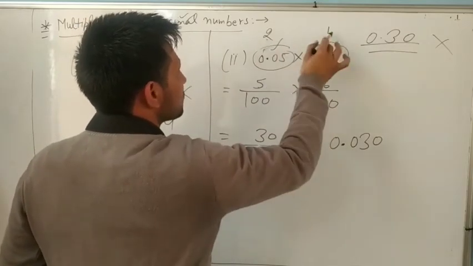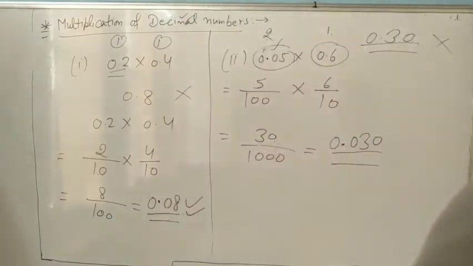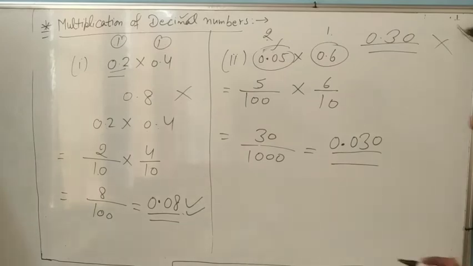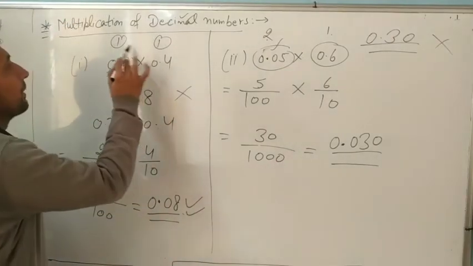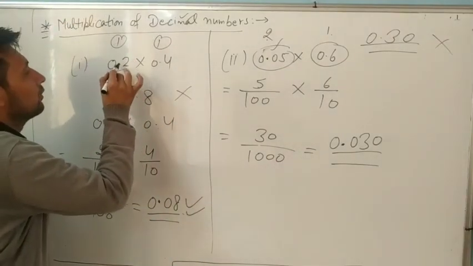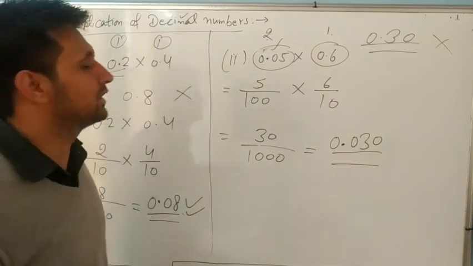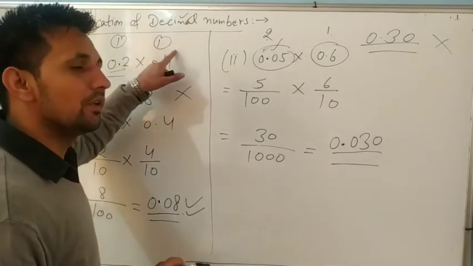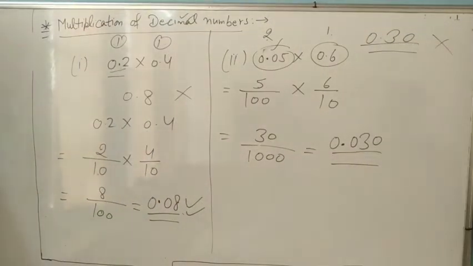So 2 plus 1, 3. So always remember dear, whenever we multiply two decimal numbers, we count the digits after the decimal in each number and add them.